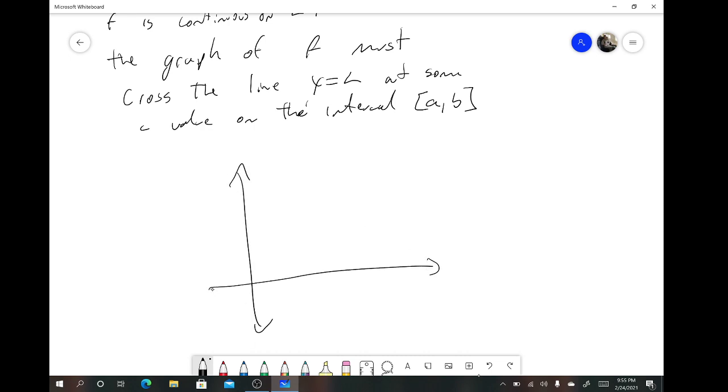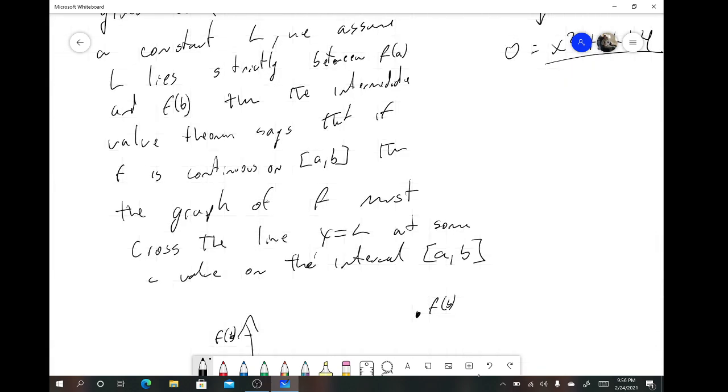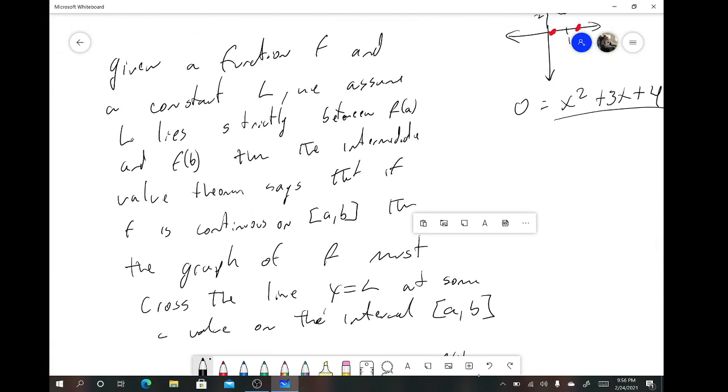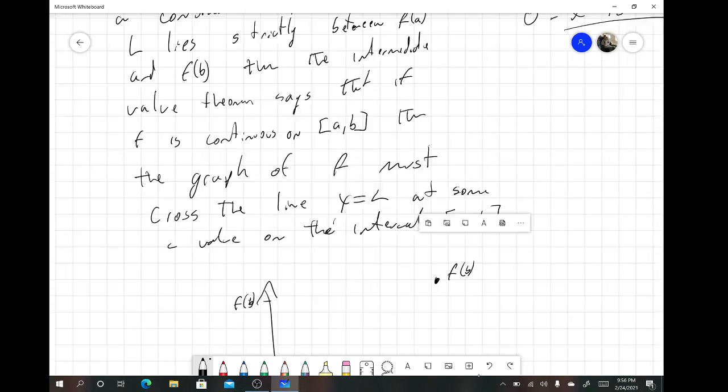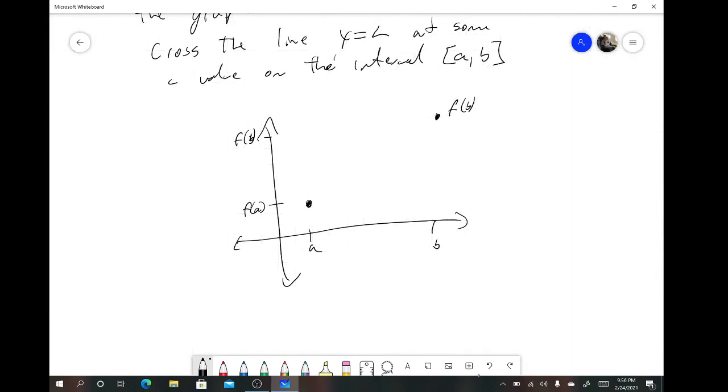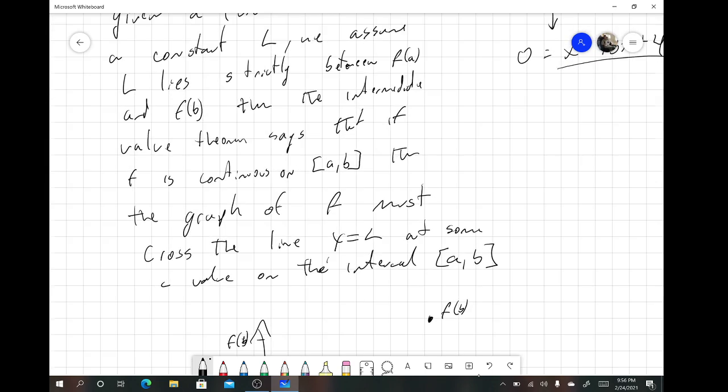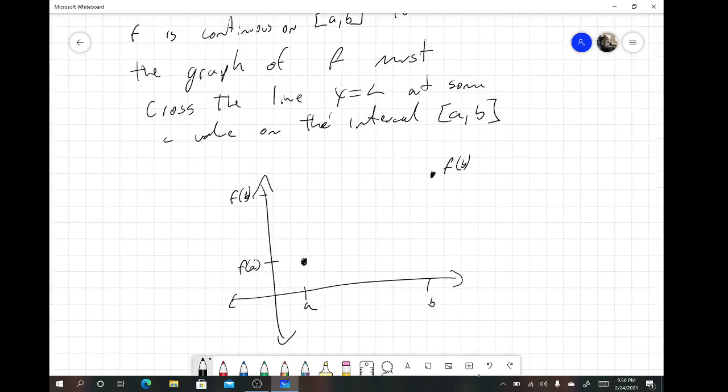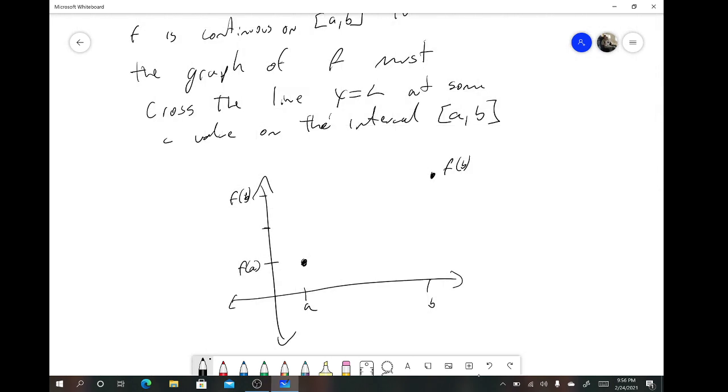So let's say you have a function. This is a continuous function. It has a value here, f of a. It has some value here, let's call it f of b. And we are saying that there's a constant L. That constant is between f of a and f of b, as we set up here. So L lies strictly between f of a and f of b. So let's say L is somewhere here.